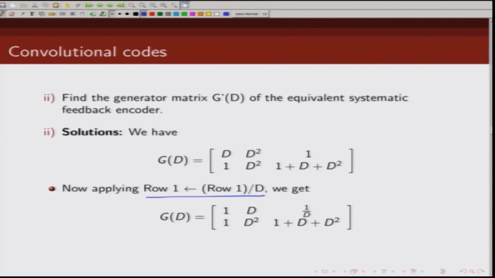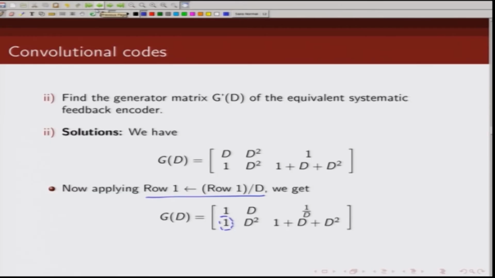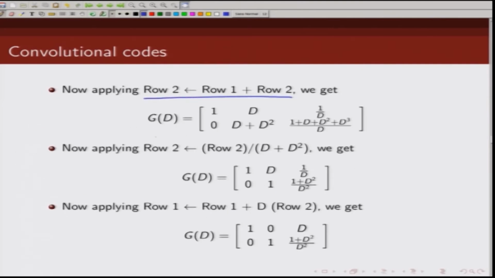Next, we would like to get a 0 here. How can we get a 0 here? So, we will do this transformation, row 2 is row 1 plus row 2. If we do that, we add these two, this will become 0, this will become D plus D square, and what we will get is this.